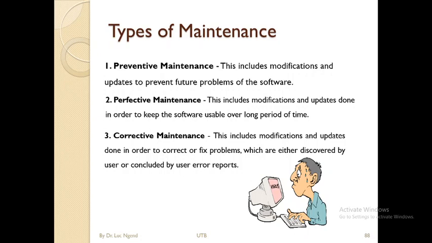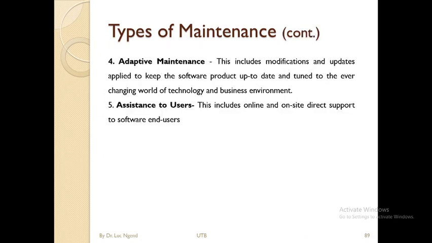Corrective maintenance has to do with fixing problems, correcting bugs, correcting faults. When faults occur, you fix them. So this is corrective maintenance. Adaptive maintenance, we have already talked about it. And assistance to user can be online, can be on site.